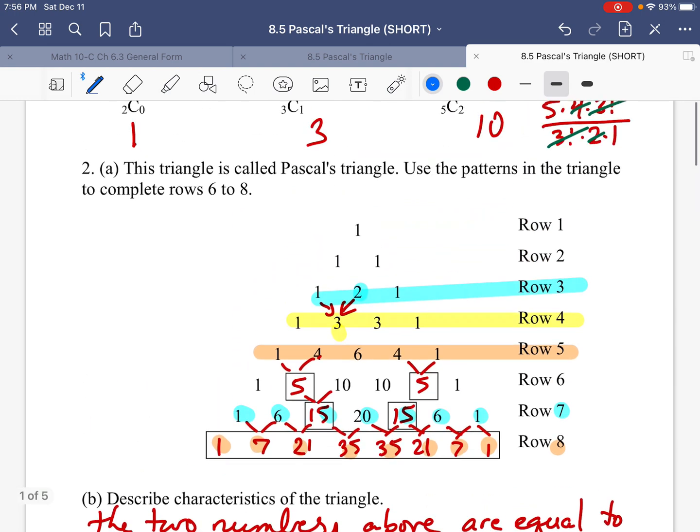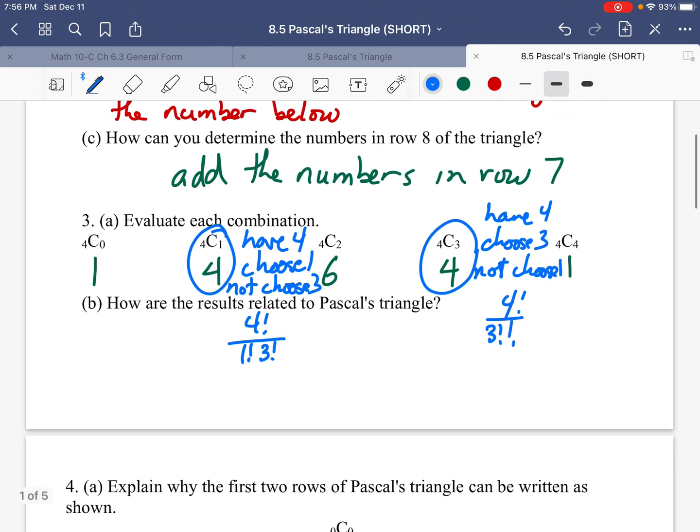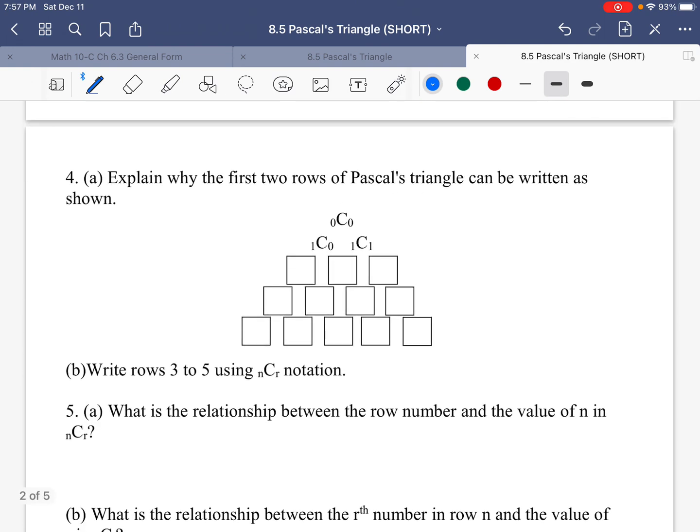All right, now I want you to note, you can do these calculations, but more importantly, 1, 4, 6, 4, 1, that's row 5 of the Pascal's triangle. Okay, so Pascal's triangle gives you the combinations. So, explain why the first two rows of Pascal's triangle can be written as shown. Well, row 1, 0C0, which is 1.